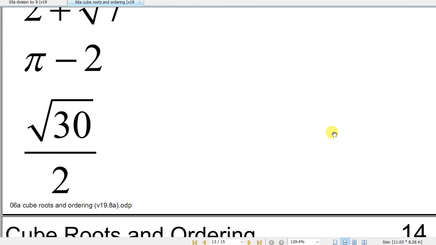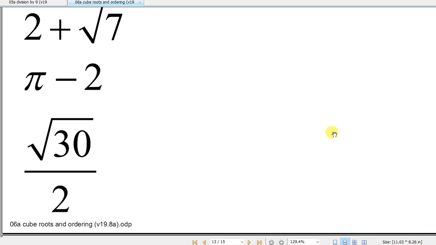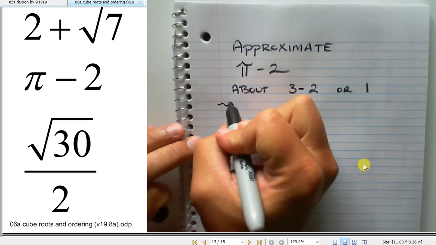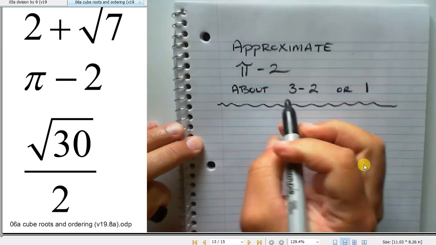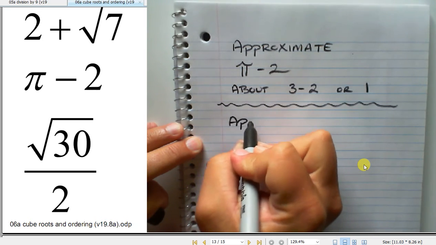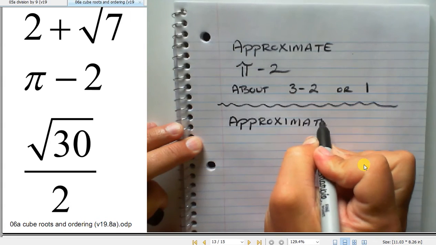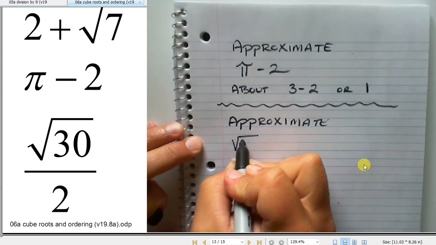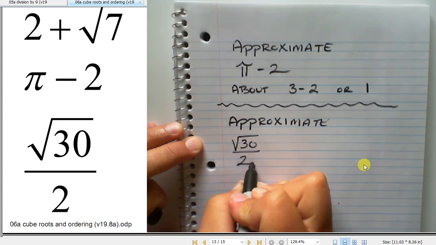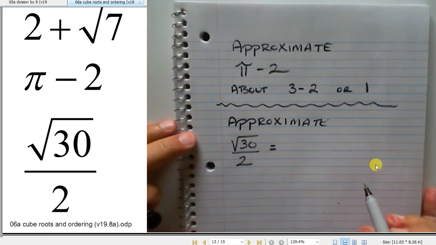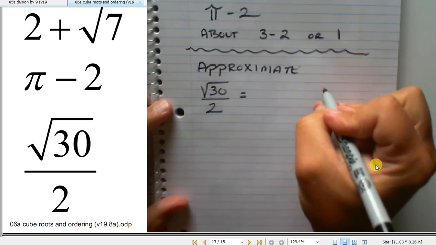I keep adding things to this. Let's approximate the square root of 30 over 2. Square root of 30. Let's go into the neighborhood. These are the numbers in the neighborhood.